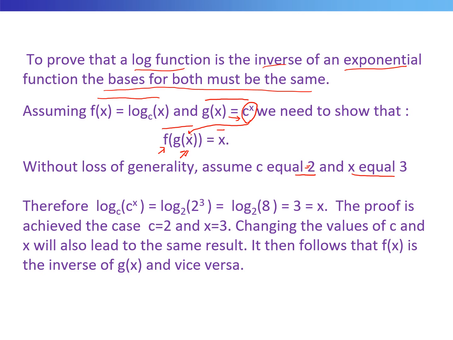And that's what we did over here. F itself is equal to the logarithmic. So we have log to the base c of c to the power x. One more time, c to the power x is g of x. So we're getting f of the inside g of x.